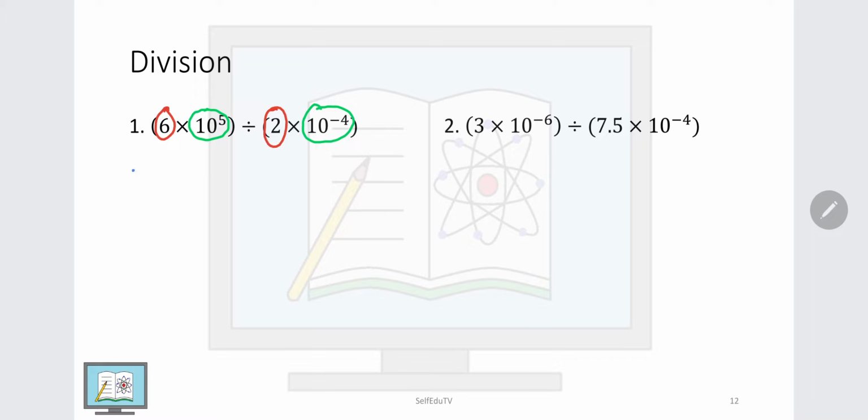Six divided by 2, 3. 10 to the power negative 5 divided by 10 to the power negative 4. Okay, try to recall. The law is you minus.